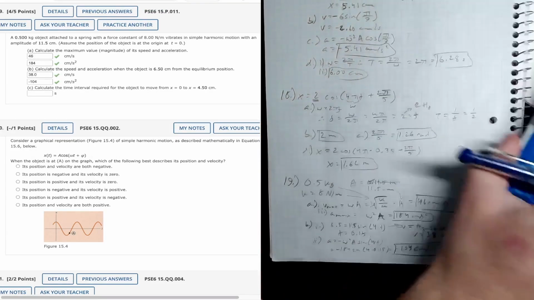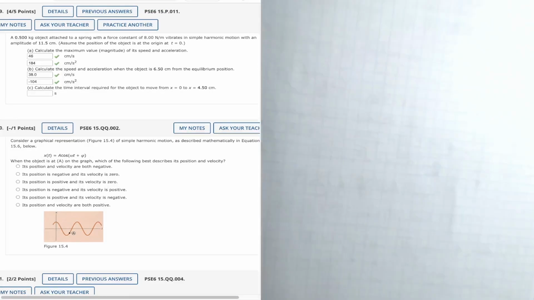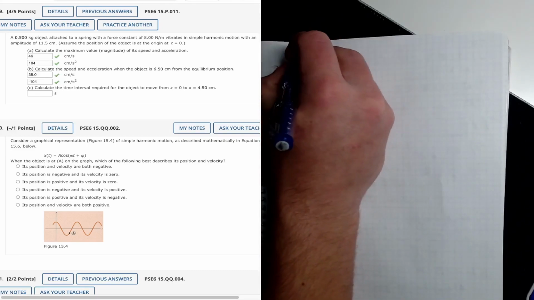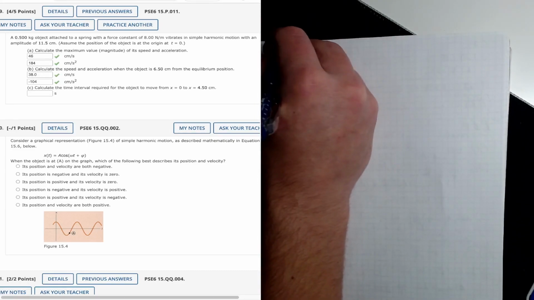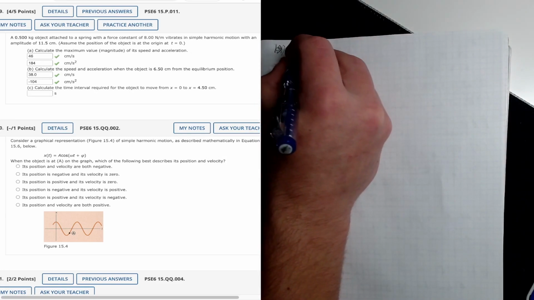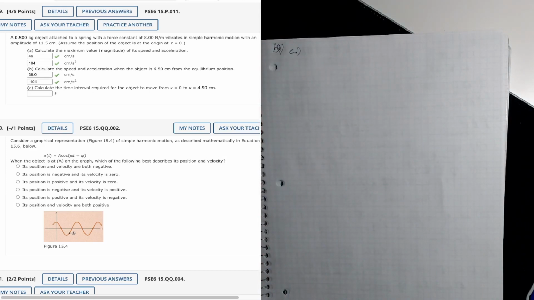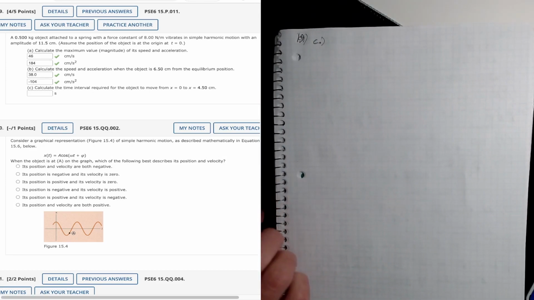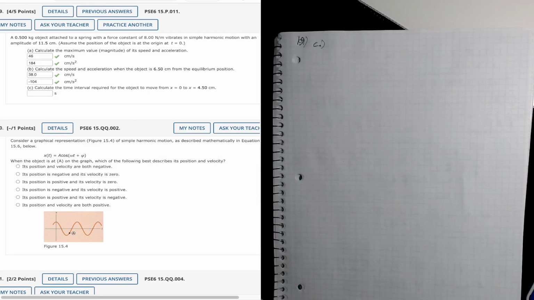Alright, now let's do part C. Sorry, guys. New page, I guess. Part C, right here. Calculate the time interval required for the object to move from x equals 0 to x equals 4.5 centimeters.